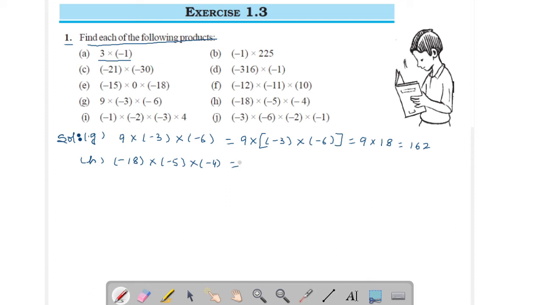Here let us multiply first two negative integers together. Let us write in big bracket: minus 18 into minus 5, first big bracket, into minus 4.